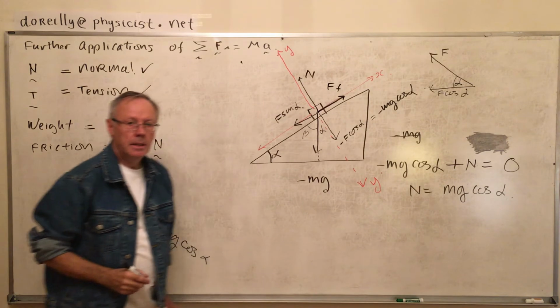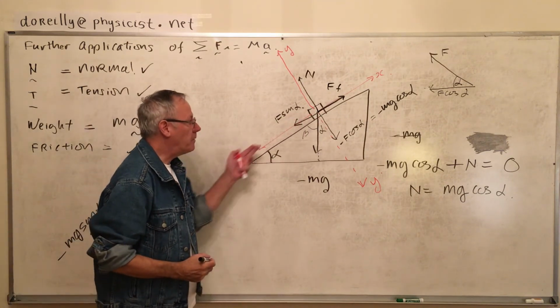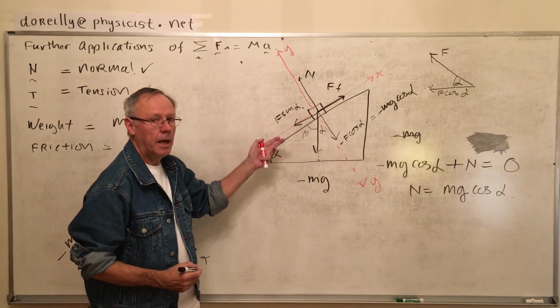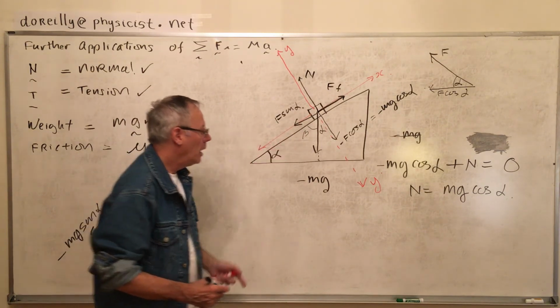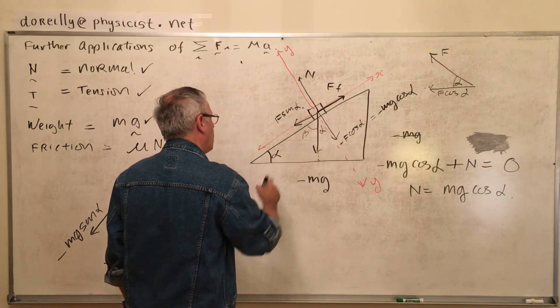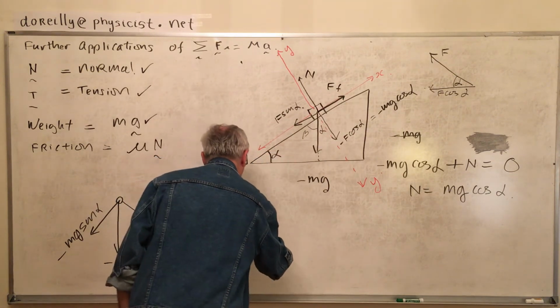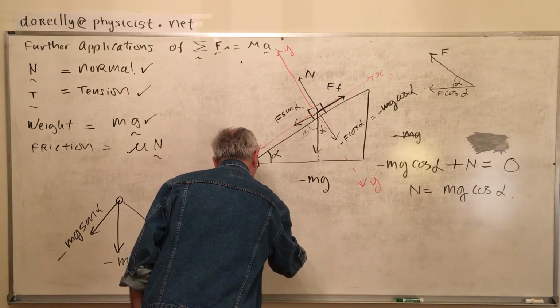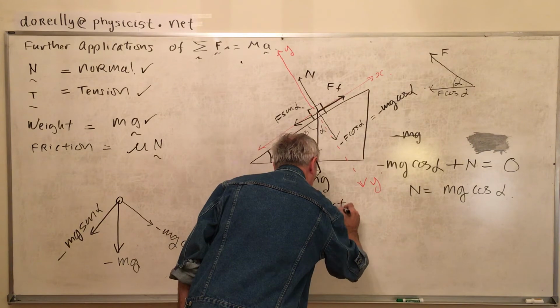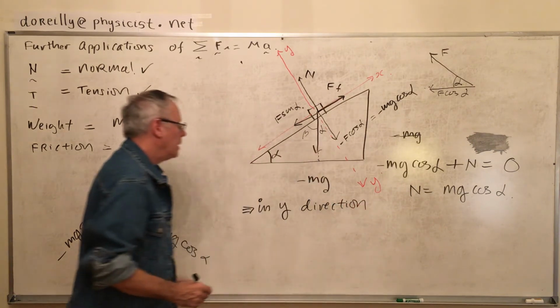Now suppose that the object is actually moving, and friction is preventing it from moving any more than, but at constant velocity, right? Or an acceleration, actually. So I can say then that in this direction, we're going to have mg sine alpha pulling downwards.